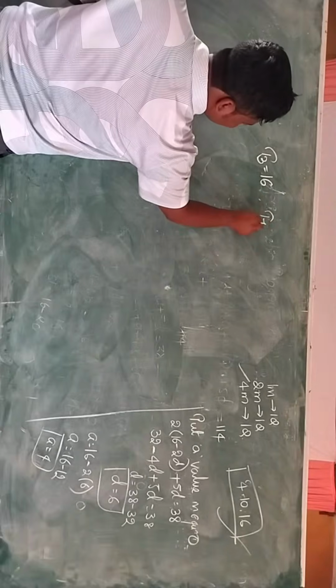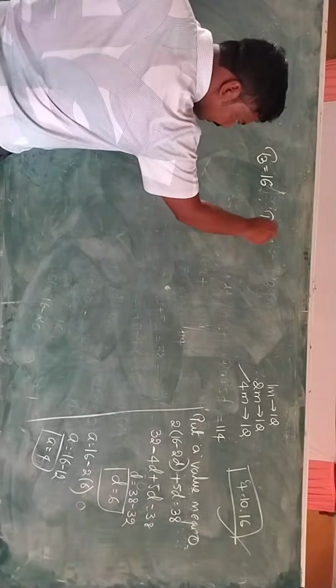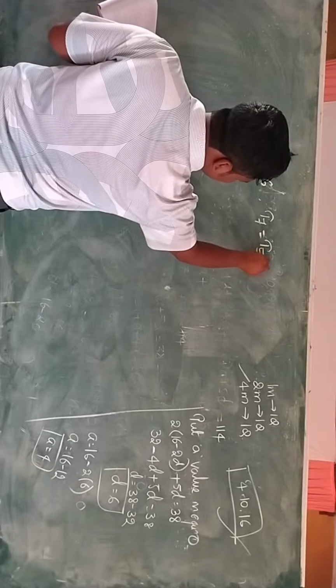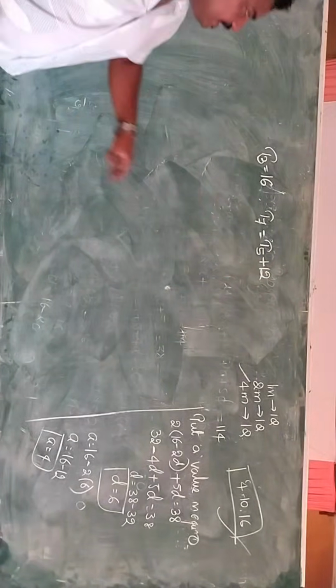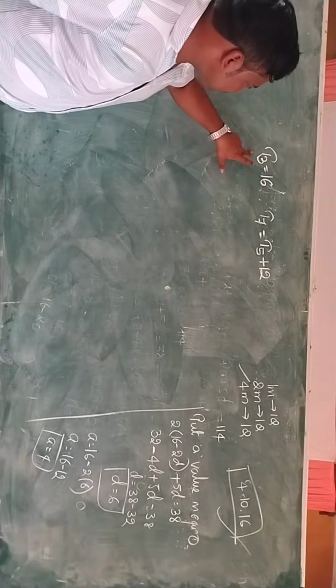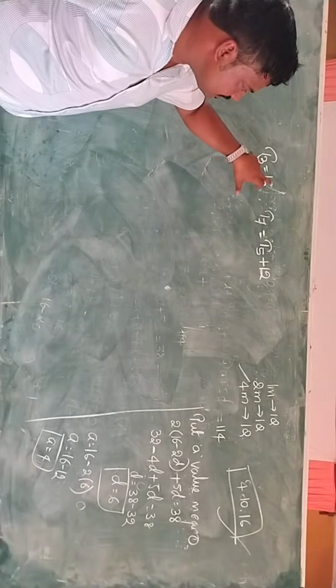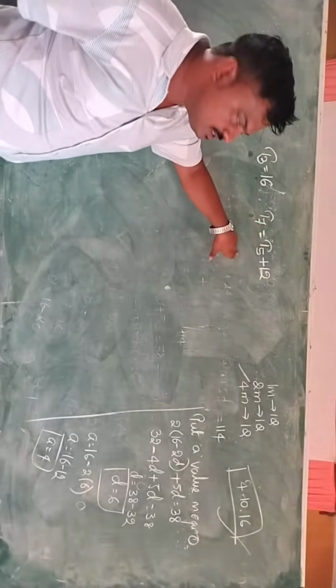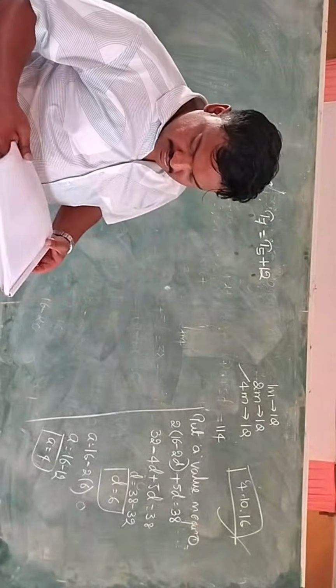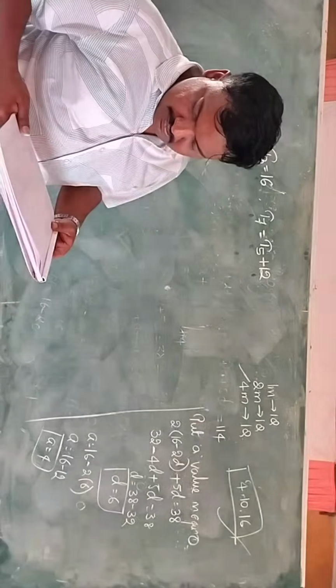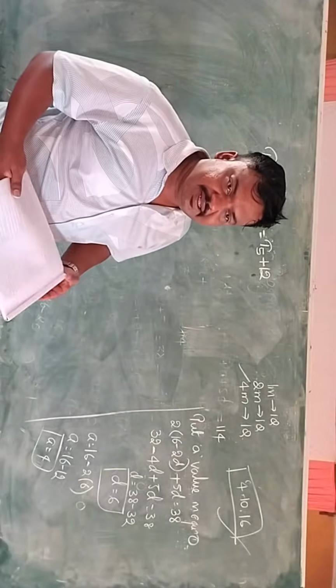This is the expression. The equation is: third term of an AP is 16 and the seventh term exceeds fifth term by 12. You can find the AP.